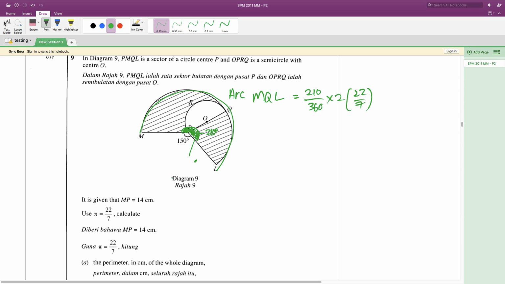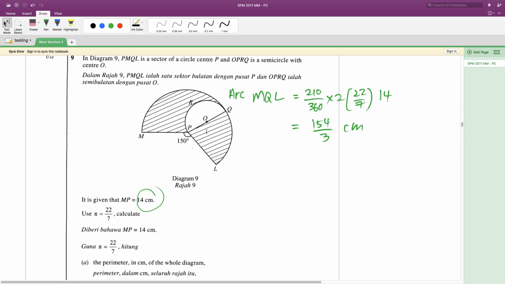My r is given, MP is 14. Then you will use a calculator: 210 divided by 360 multiplied by 22/7, then multiplied by 14. I guess you will get 154/3 centimeter. If I didn't do anything wrong, if you find something wrong, just let me know.